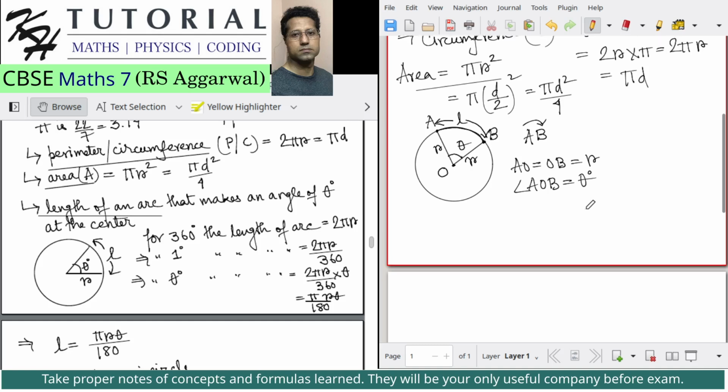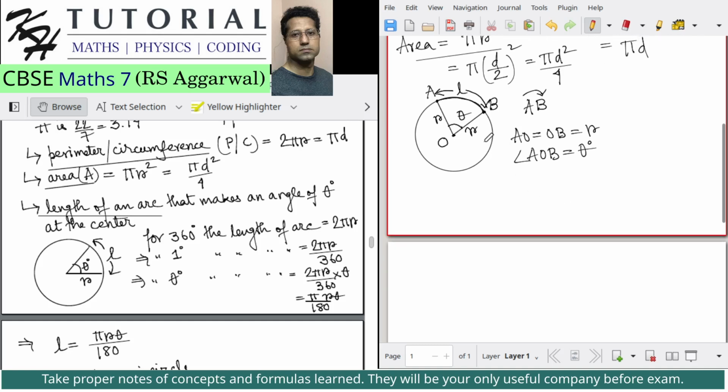Okay, now the concept is this. If you think of the values of theta, let's say the starting value of theta is 0 and you slowly increase theta, the length of arc AB will obviously increase, and at one point, when you complete a full circle, that is when theta will be 360 degree, the arc AB will be the entire circumference.